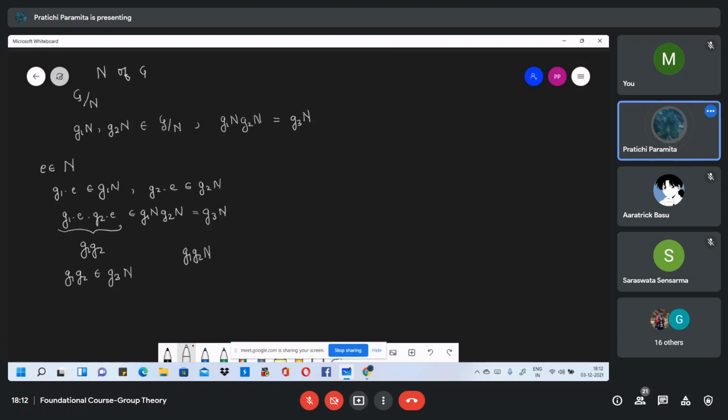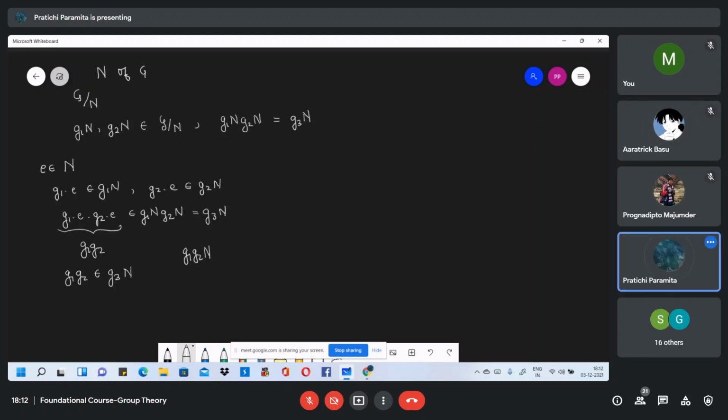Is that fine? Yes, it's okay. So that means I can say that G3N is nothing but G1 G2 N. This does not imply that G1 G2 is G3. If this is my group G and these are my left cosets, then this may be some G3 and this may be some G1 G2.